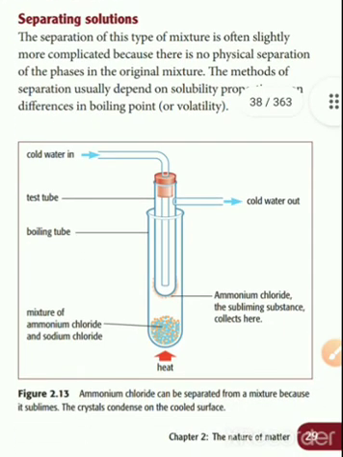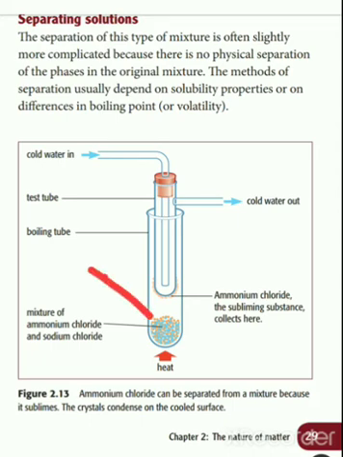Now, this process demonstrates how we are going to separate a mixture of ammonium chloride from sodium chloride, because ammonium chloride would convert itself into the gaseous form as soon as it sublimes. So if we refer to the setup, we place the ammonium chloride mixture in the solid form.